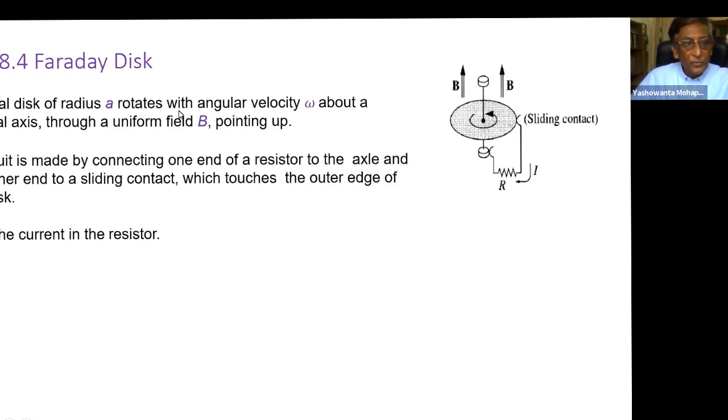A metal disk of radius a rotates with angular velocity ω about a vertical axis through a uniform field B pointing up. A circuit is made by connecting one end of a resistor to the axle and the other end by a sliding contact, which touches the outer edge of the disk. Now, the problem is to find the current in the resistor.